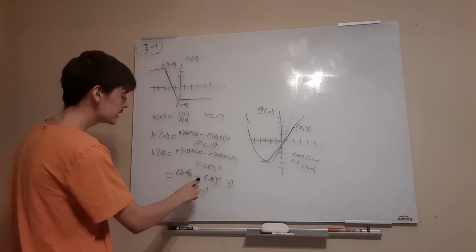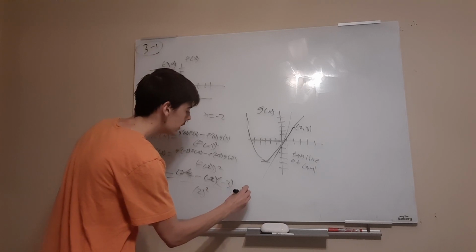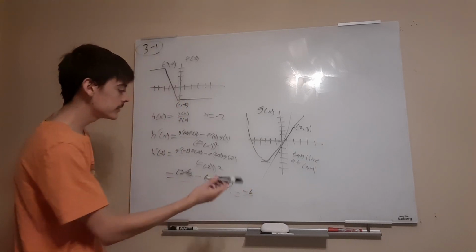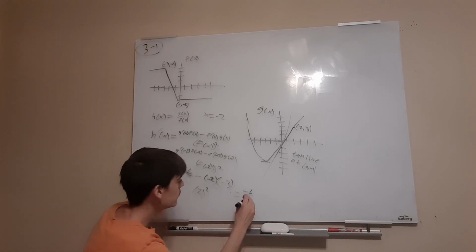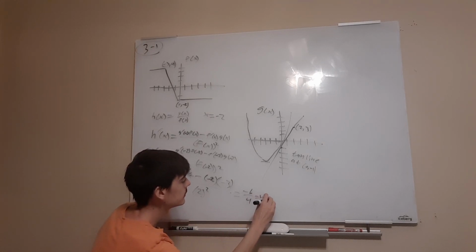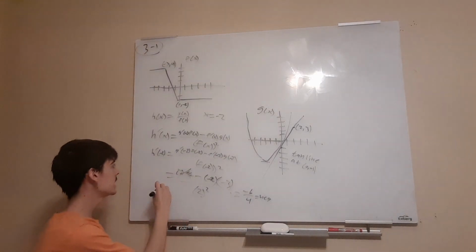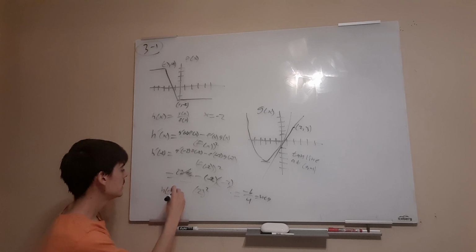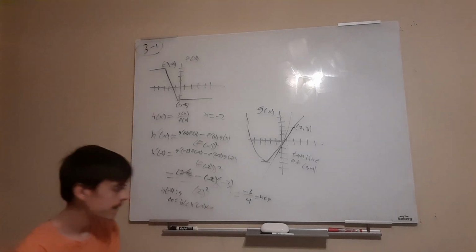This term we have minus a negative 2 times a negative 3. So that's going to equal a negative 6 in the numerator, 3 negatives. And here we have over 2 squared, so that is going to be over 4, and that is negative. And so because it's negative, we know that h of negative 2 is decreasing, because h prime of negative 2 is less than 0.